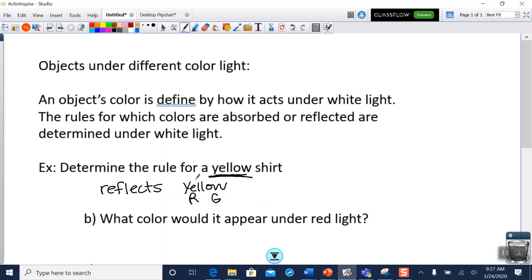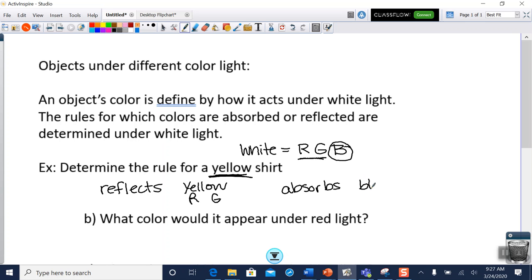So what our yellow shirt is doing with white light, remember that white is a combination of red, green, and blue. So if we're reflecting yellow, that means we're reflecting these two from the white. So what's happening to this part of the white? Well, if it's not being reflected, the only option is that it's being absorbed.